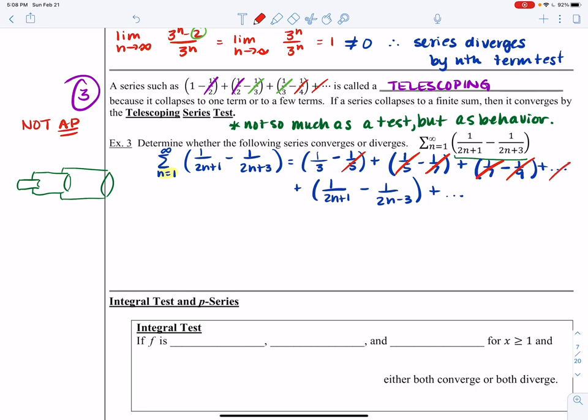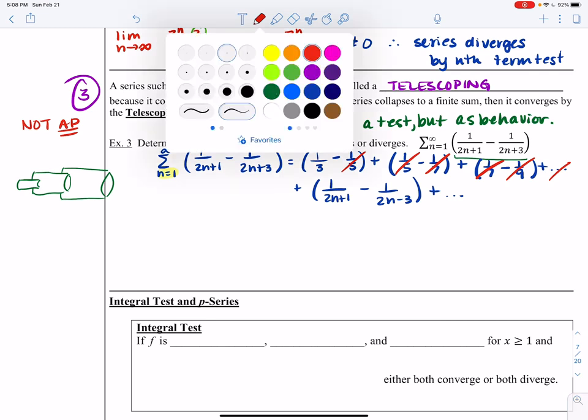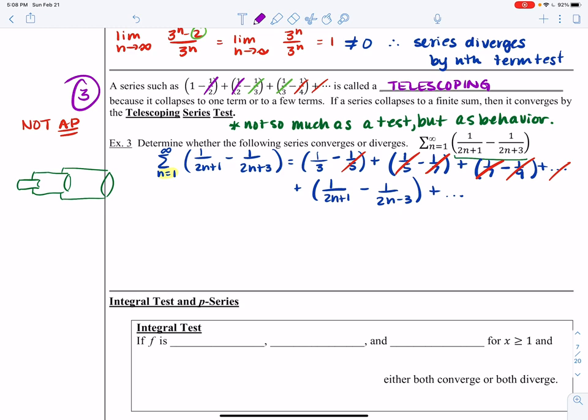And so essentially what I now need to prove is that this thing is getting really, really small. And what's left? Well, what's left is going to be this 1/3. Guys, this series actually converges to 1/3 because it's going to keep getting rid of itself, and there's only going to be one value left, just 1/3.